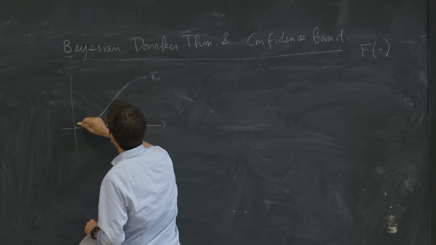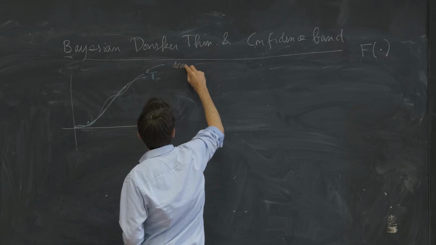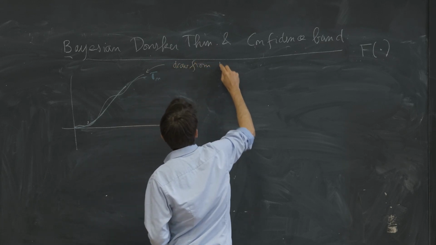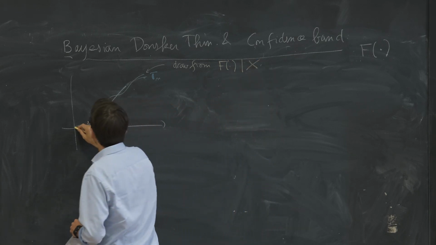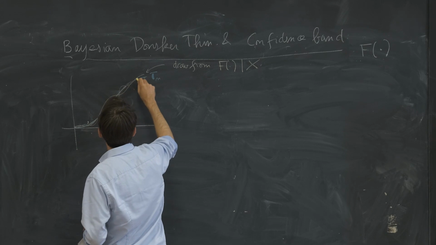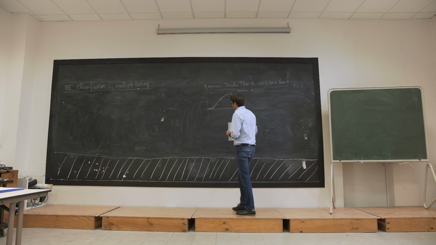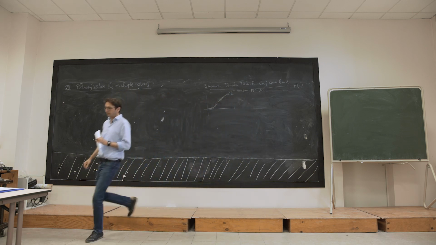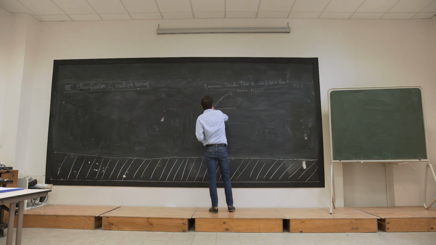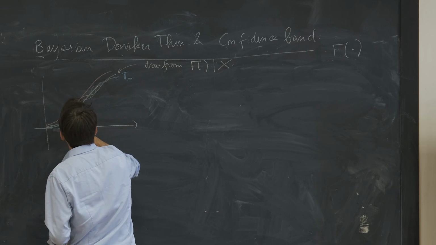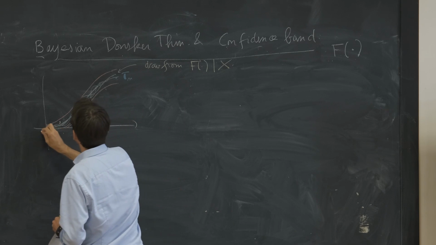And suppose here I have some draws, in yellow, from the posterior of F given the data, so that I know, using some sampling method like MCMC, how to draw from it. What we'd like to do is to build a band here, so maybe something like this. Here we're on 0, 1.